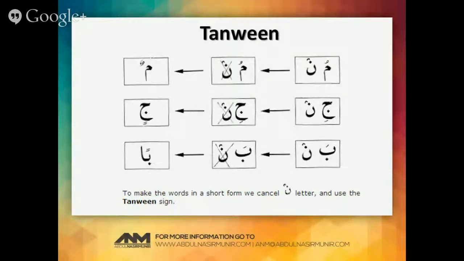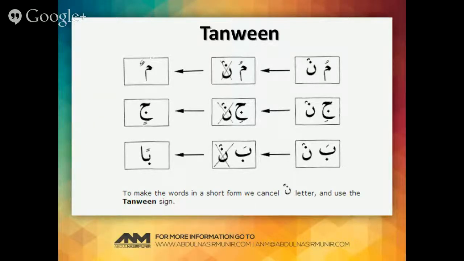If we cross the noon out, as you can see in the middle column, then we replace it with another dhamma, the same vowel which is already on the meem. So it will be pronounced and written with dhammatain as mun.